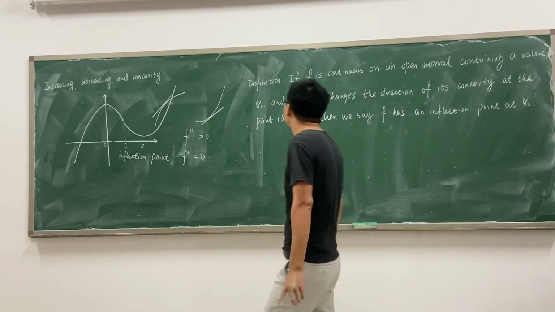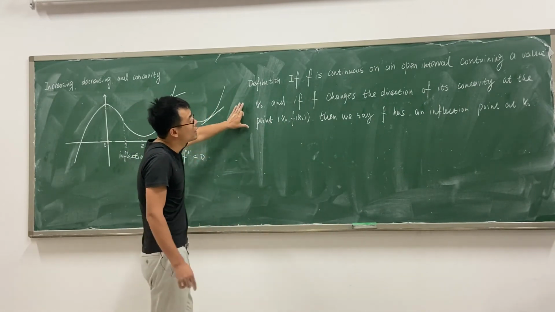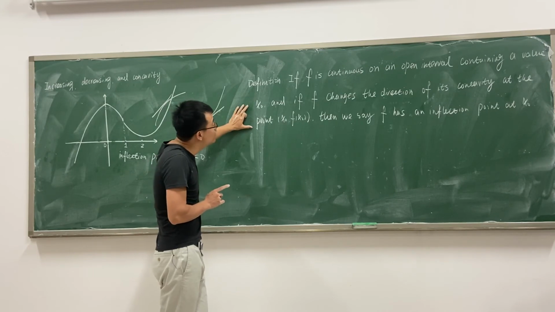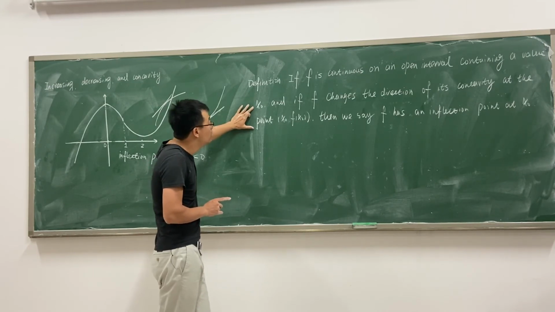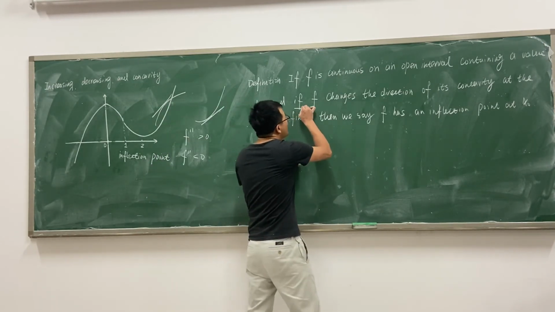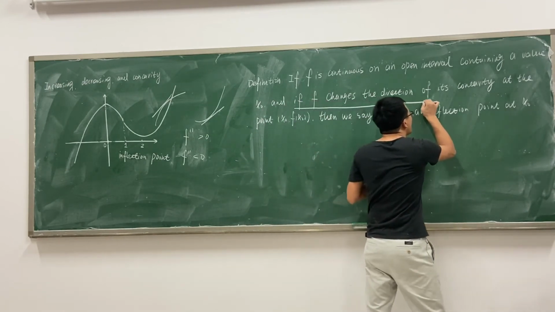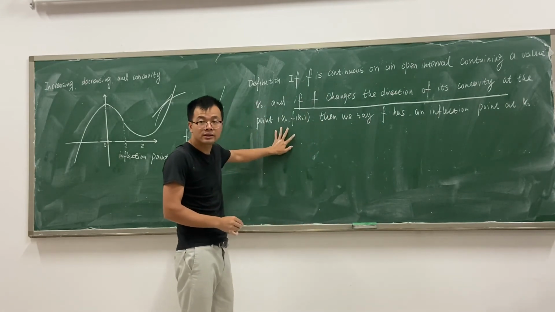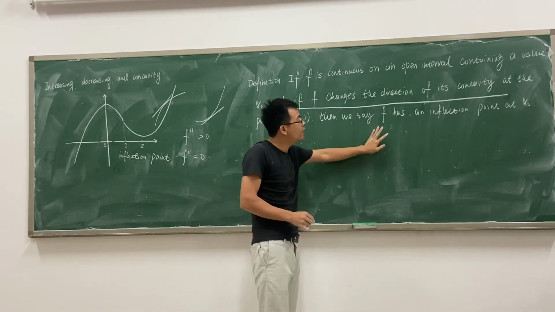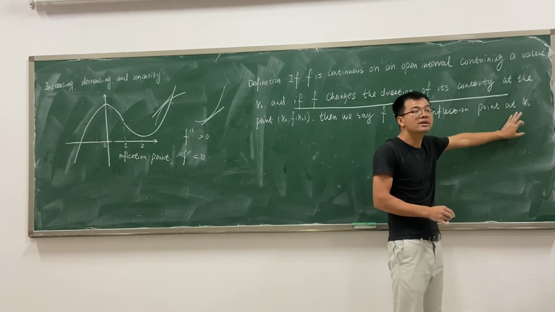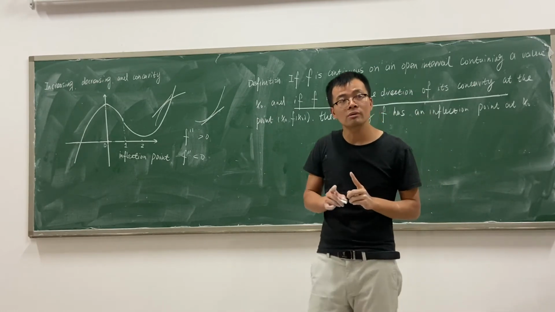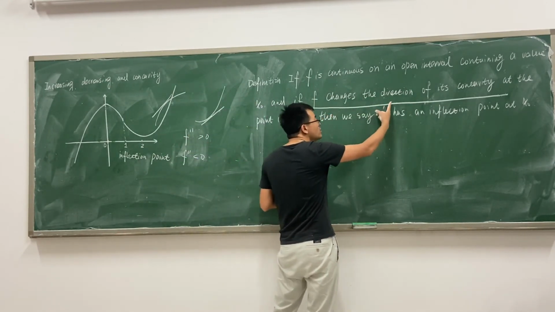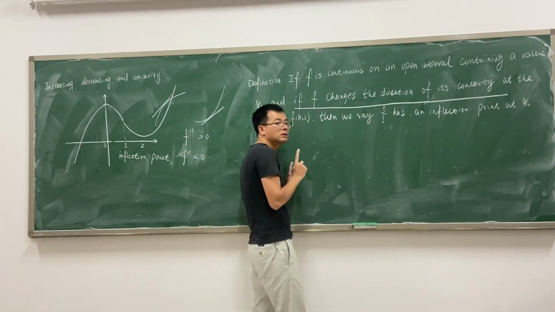So here we have the definition. If f is continuous on an open interval containing a value x0, and if f changes the direction of its concavity at the point x0, then we say f has an inflection point at x0. So at this point it changes the direction of its concavity.